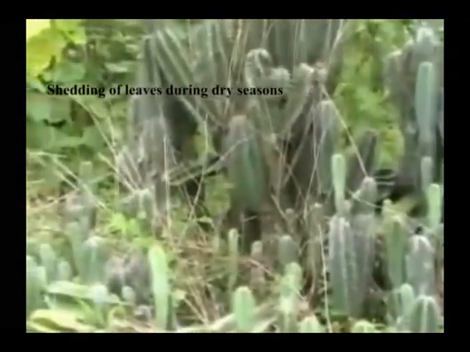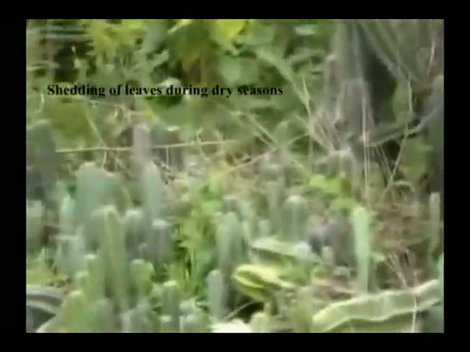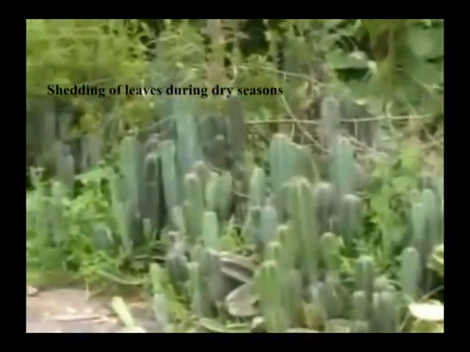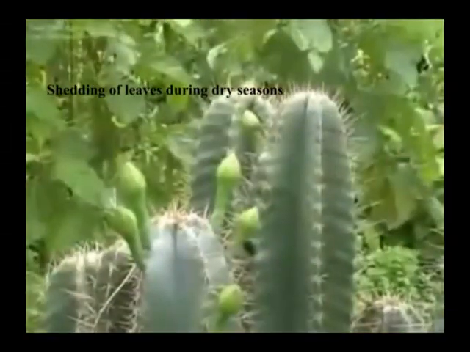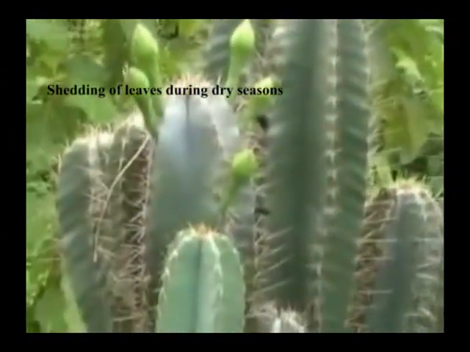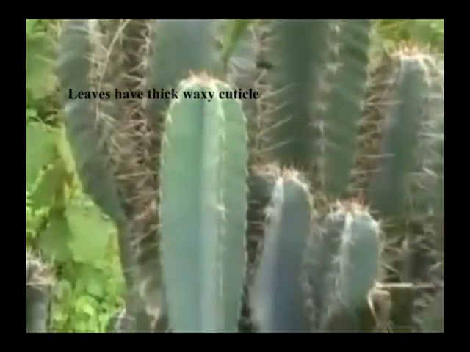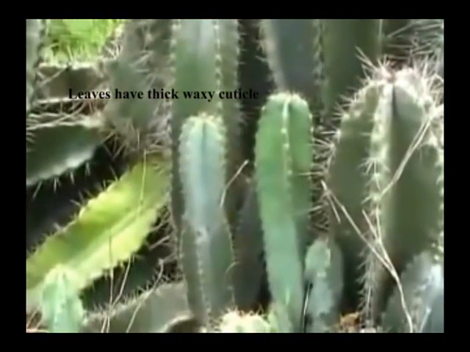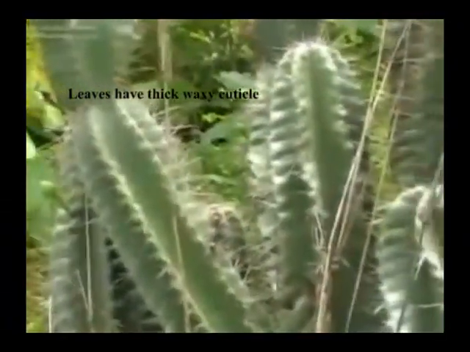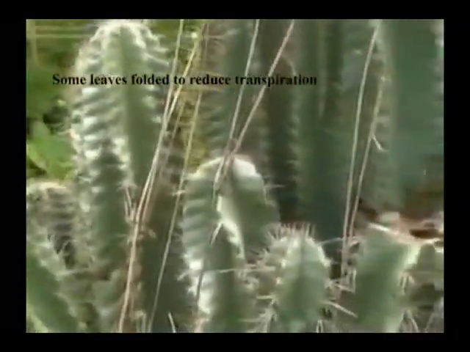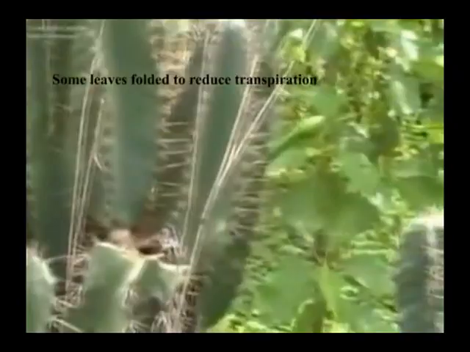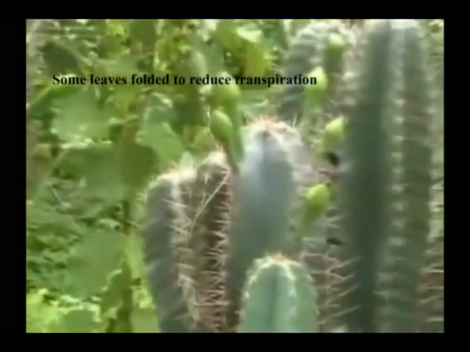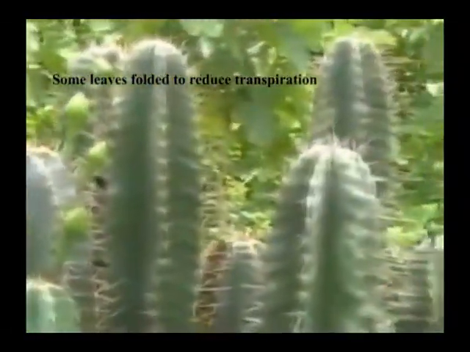Shedding of leaves during drought to reduce surface area exposed to transpiration is a common feature in xerophytes. Their leaves have a thick waxy cuticle to minimize the rate of cuticular transpiration. Some leaves are folded to reduce the rate of transpiration by not exposing the stomata to environmental factors.